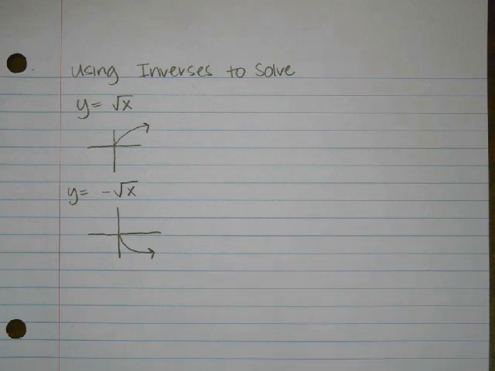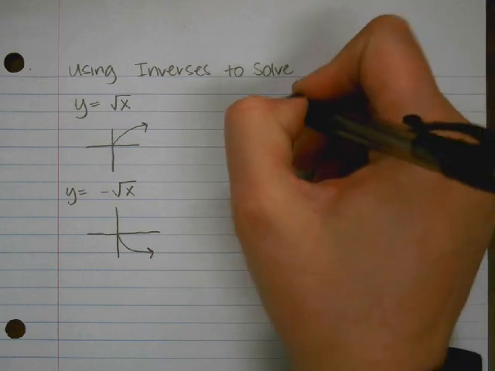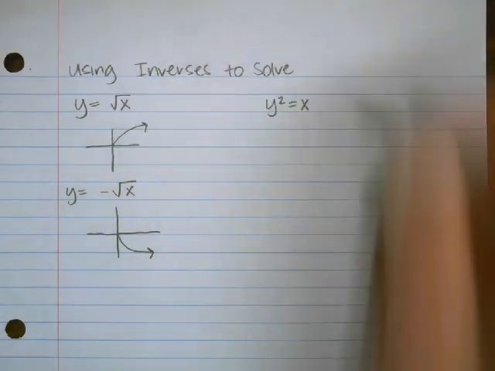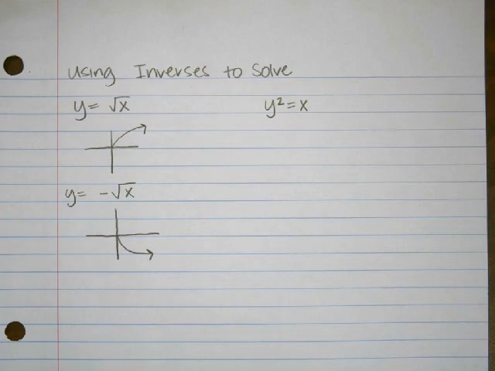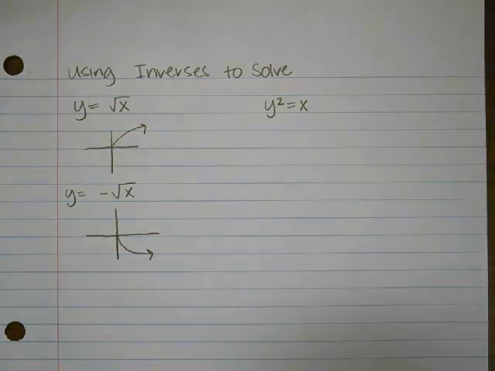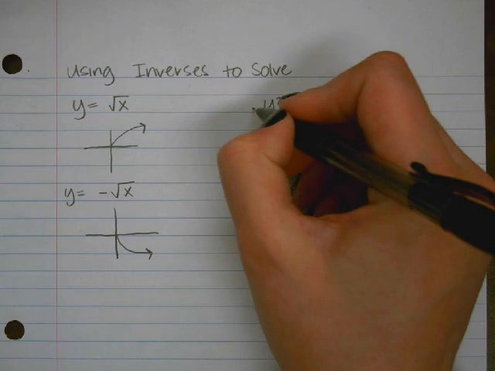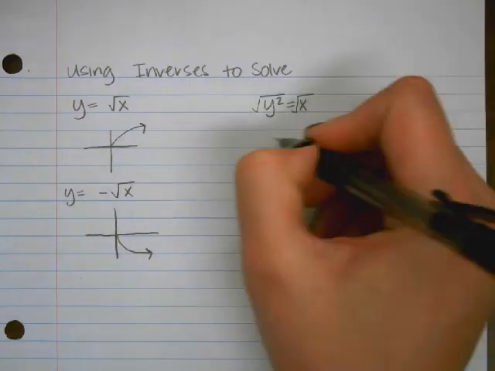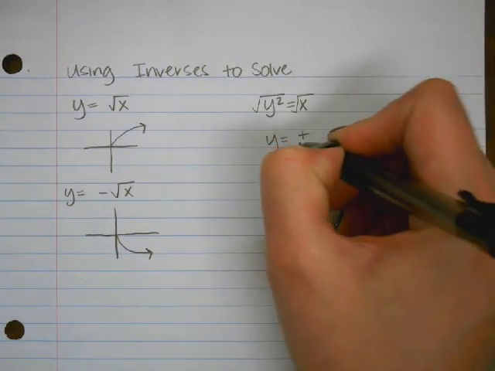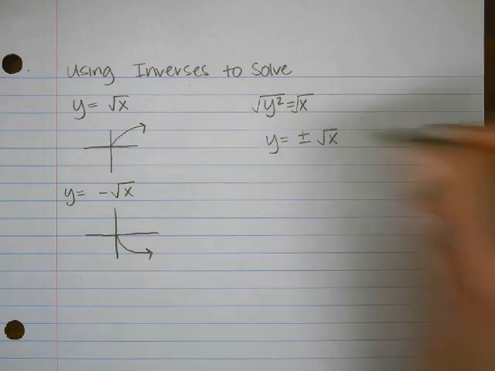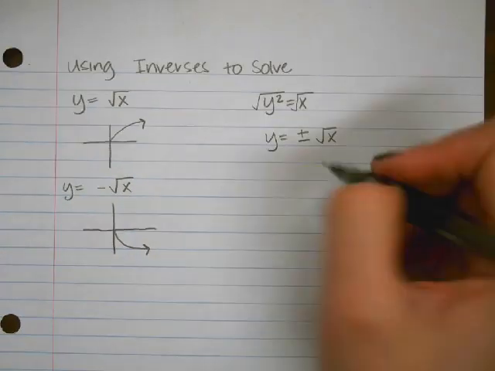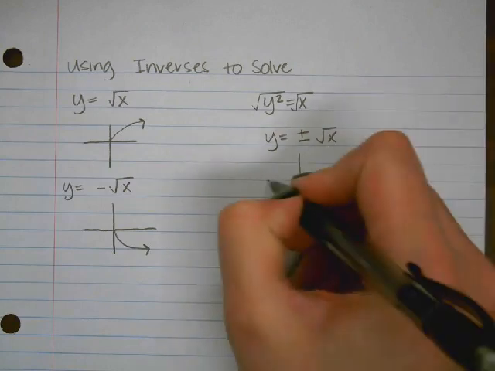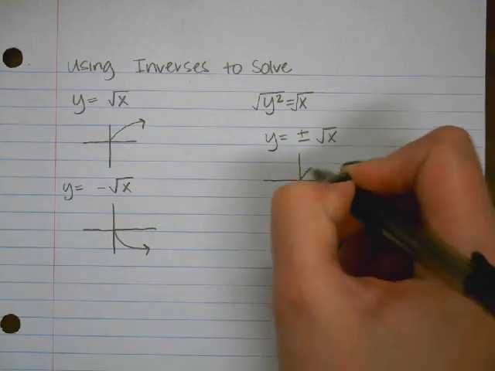If I wanted to look at an equation that was not a function, where I just used an inverse to solve, that would mean I was looking at something like y squared equals x, and I wanted to solve for y to be able to graph my equation. So if I square root each of these sides, then y equals plus or minus the square root of x. And so what that means is that I have both pieces of the graph at the same time.